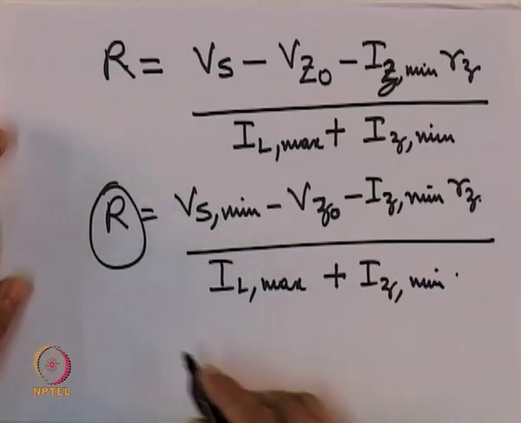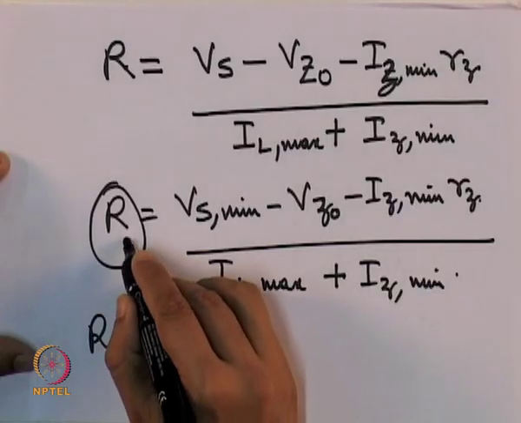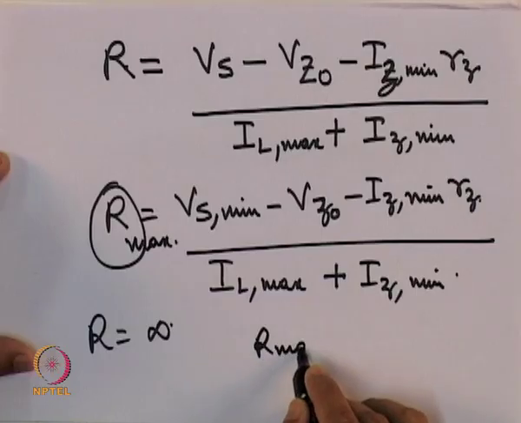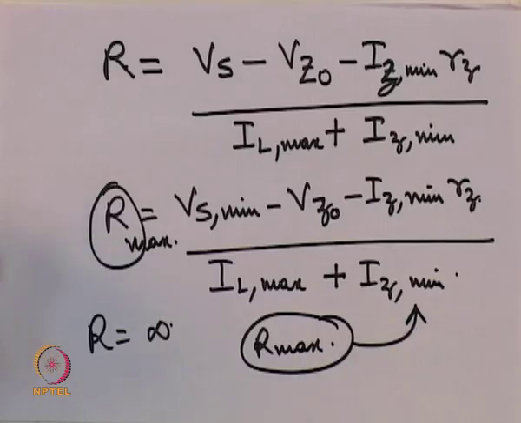So, ideally we wanted R to be equal to infinity, but there is a certain maximum value of R given by this expression, above which we cannot go. If we go above it, there is a possibility that the Zener diode will stop operation because the current flowing through it is lesser than its minimum value.